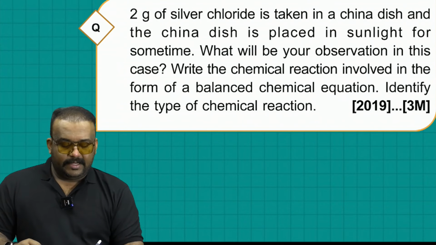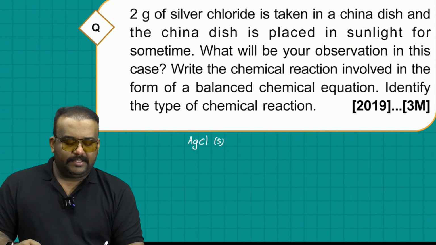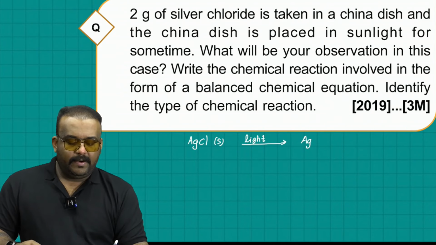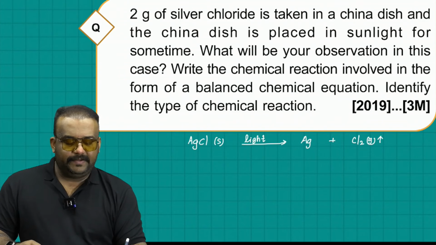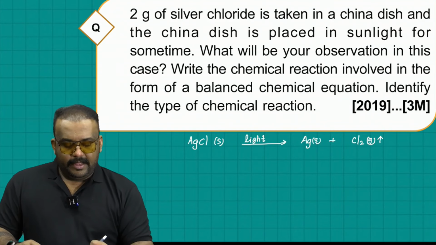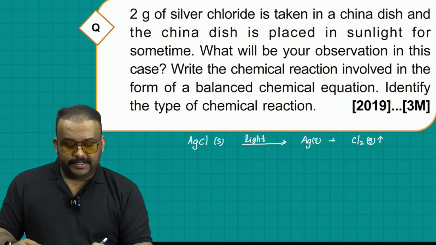So we know that silver chloride is AgCl. AgCl solid, when taken in a china dish and you expose it to sunlight, it will break down into Ag and Cl2, correct? Cl2 is a gas which will escape and Ag is a solid which will be seen remaining in the china dish, right?